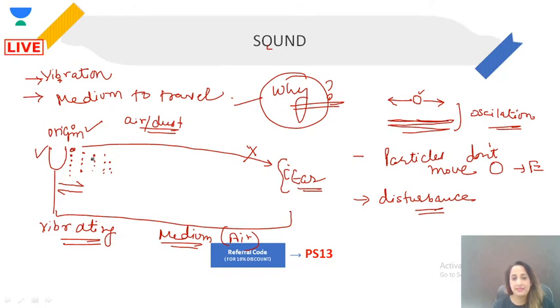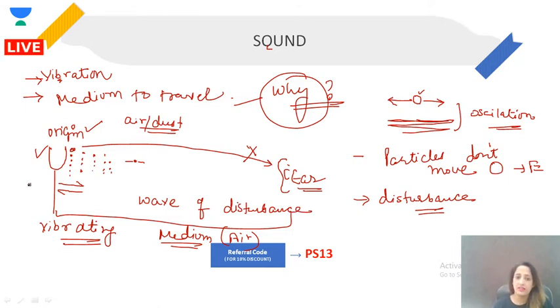As these particles are oscillating, like this particle over here is oscillating from here to here and back, it causes a wave of disturbance, right? And what does this wave look like?